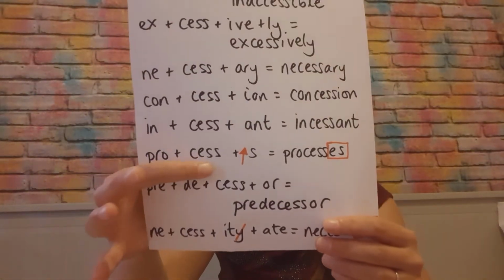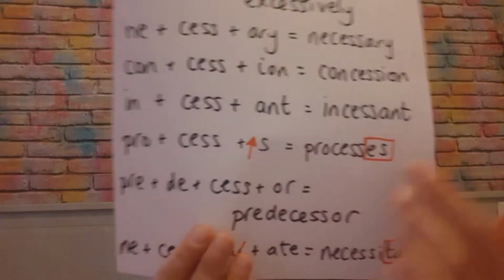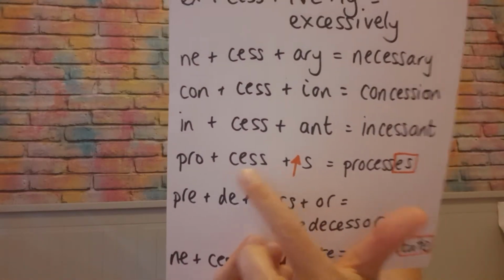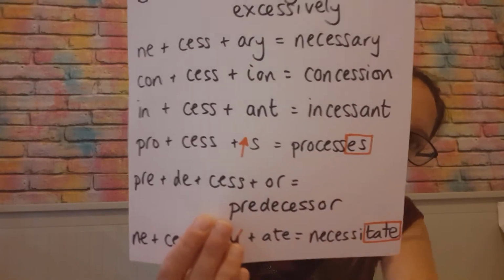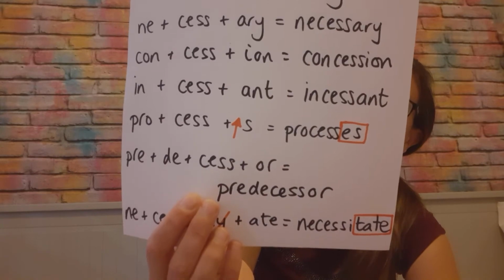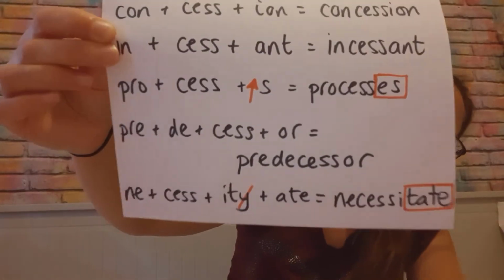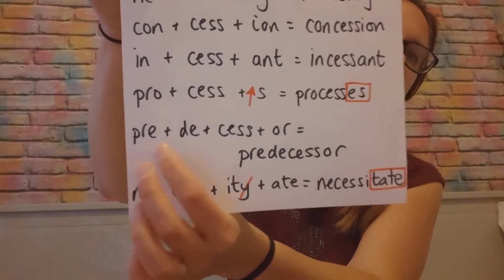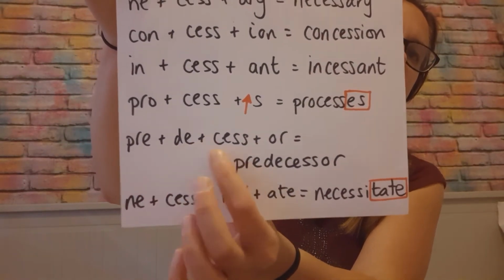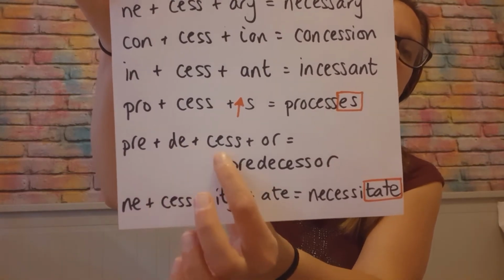We've got processing there. And you can see here, I've put my little arrow because if we've got processes, we can't end up with three S's in a row. So we have to pop that E in there for our plural, don't we, for processes if we're talking about the processes of something. Now this word here is predecessor. Okay, so pre means before, and then the de, and then the cess, going.